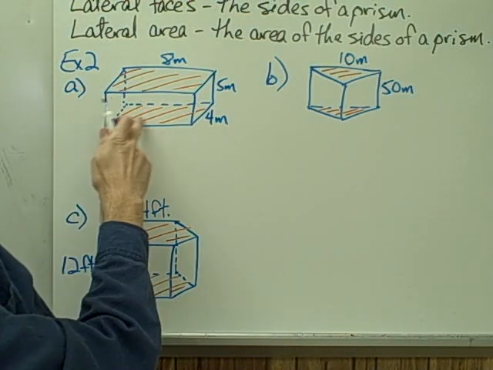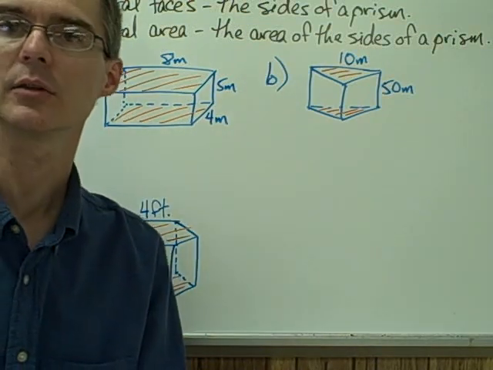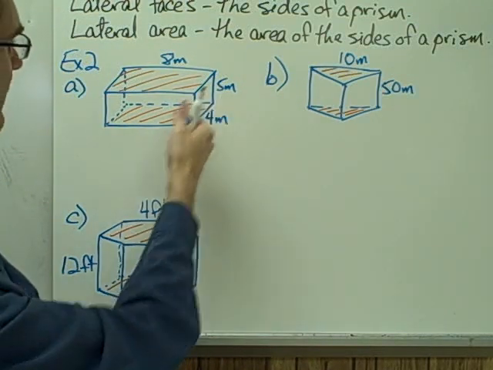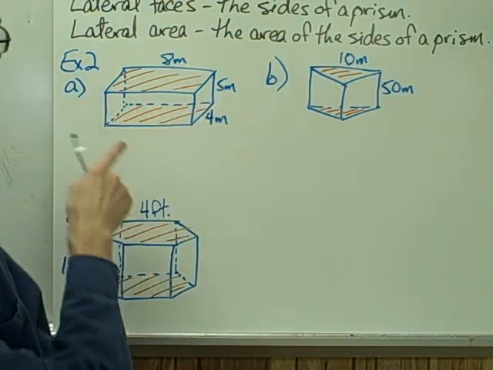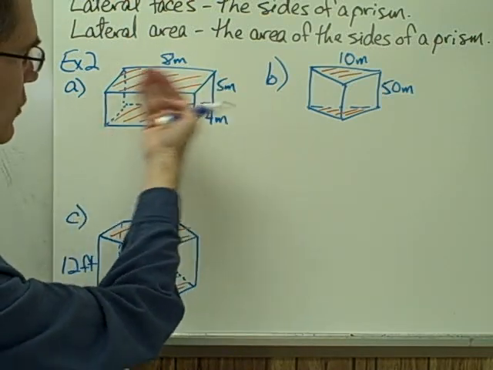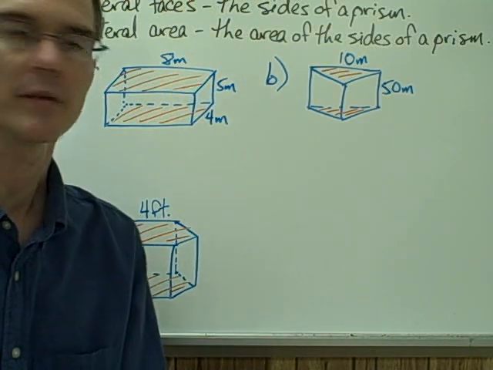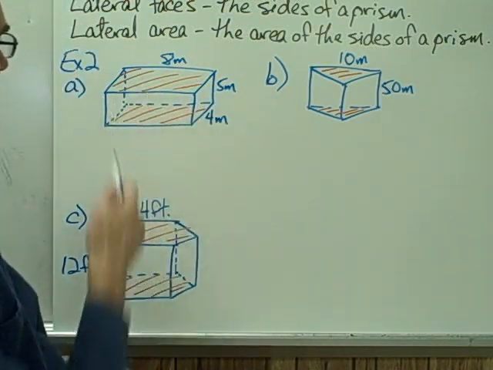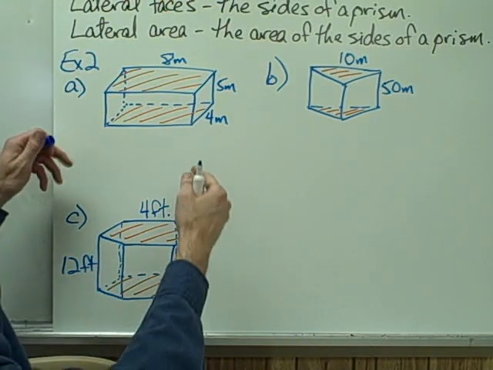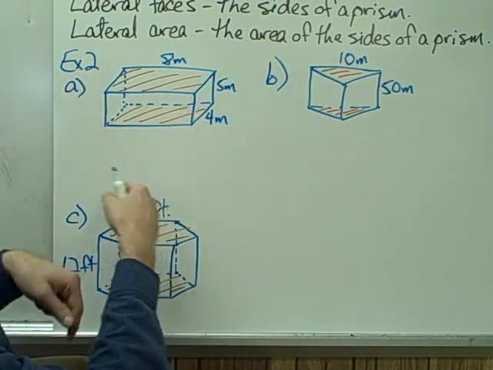For example number 2, this is the same rectangular prism that we looked at in example number 1. I've got 4 sides in my rectangular prism: this side on the front, these 2 on the sides, and then the one on the back side of the prism. And each one of those has the shape of a rectangle. So let's do the front side first.